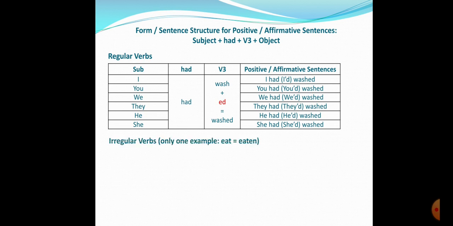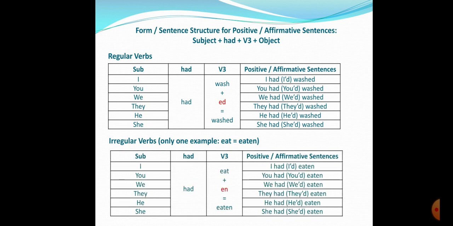Let's look at the irregular verbs. We have taken the example of eat plus we have added en, so you get eaten. Same way, the subject will remain the same. If any of the subjects is there, you use had with it. You add en to the base form of the verb eat. So you get eaten.